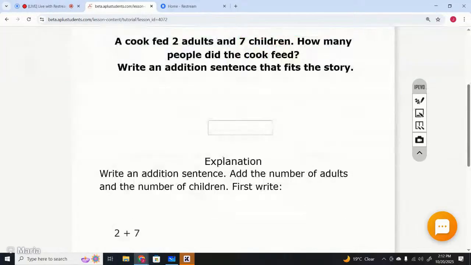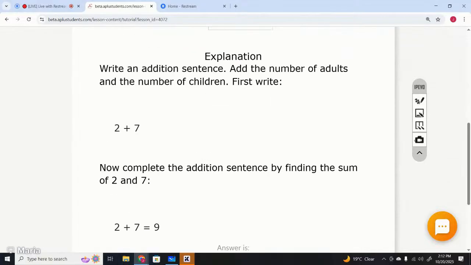A cook fed two adults and seven children. How many did the cook feed? Write an addition sentence that fits the story. So, two adults and seven children. So, that is 2 plus 7. That is 7, 8, 9. So, 2 plus 7 equals 9.